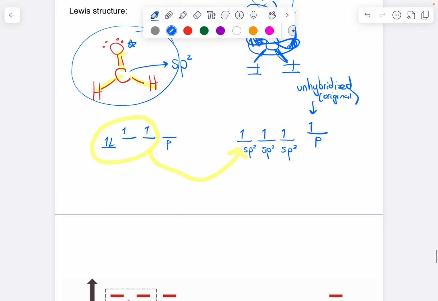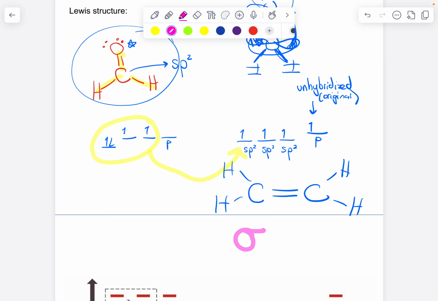So just to be clear, in this particular molecule, I'm going to highlight the sigma bonds in pink. So that's a sigma bond. This is a sigma bond. One of those is a sigma bond. Those are sigma bonds. And then the pi bond is the second of the double bond.